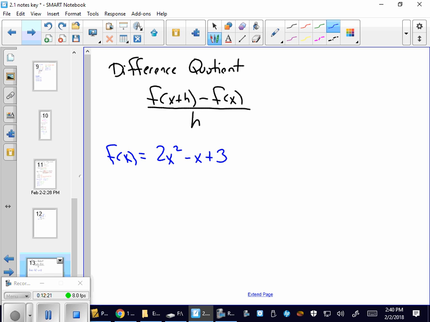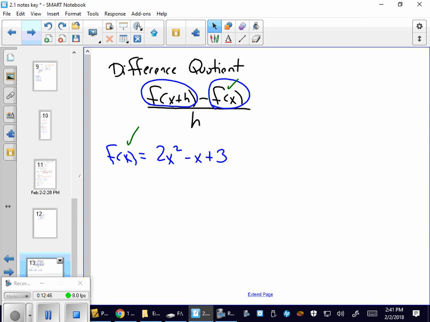If I want to find the difference quotient of this, I need to find f of x plus h and f of x. Fortunately, h is just h. It's going to stay there. Well, f of x, that's the easy part. That's this. So I've already got that part. I could fill that in right now if I wanted to. I do, however, need to find f of x plus h.